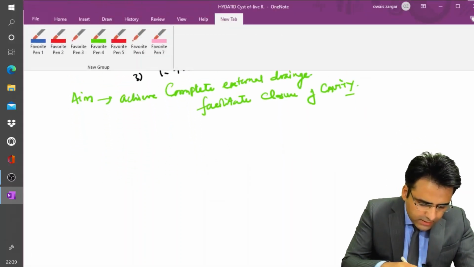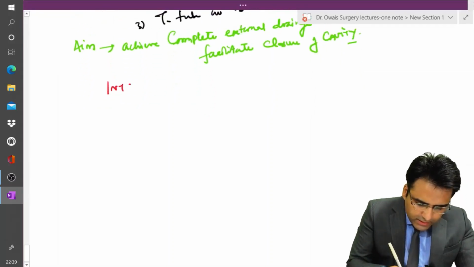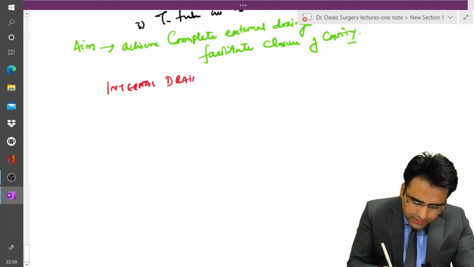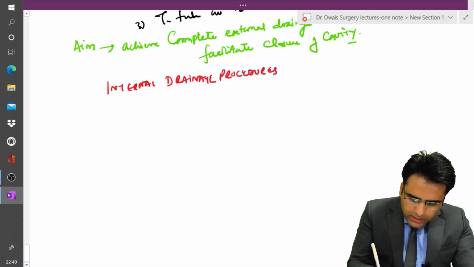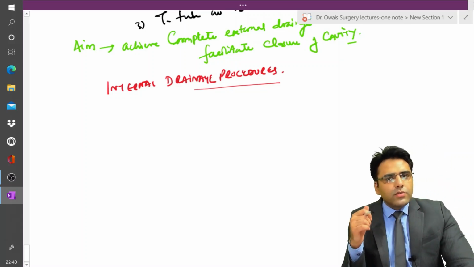Now after that, let us discuss the internal drainage procedures in case of cystobiliary communication. First I told you suturing of the communication. Second I told you the Perdomo technique. Another modality is internal drainage.